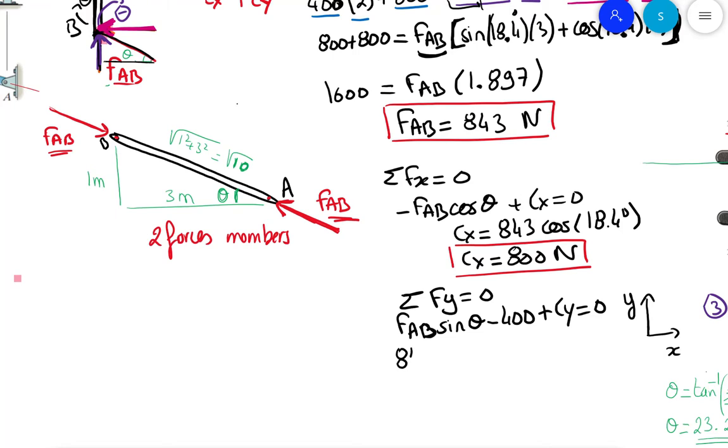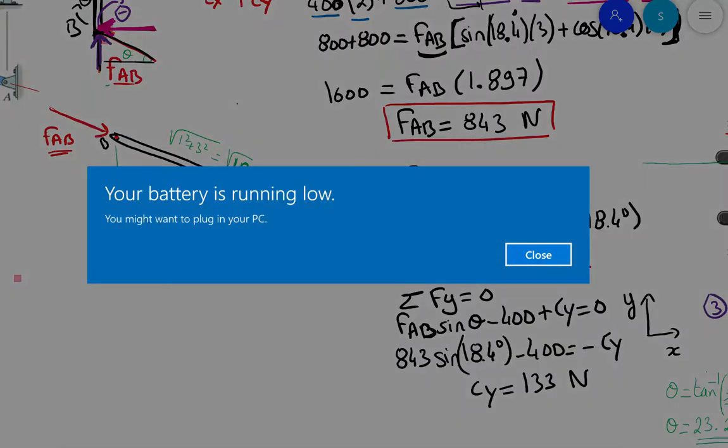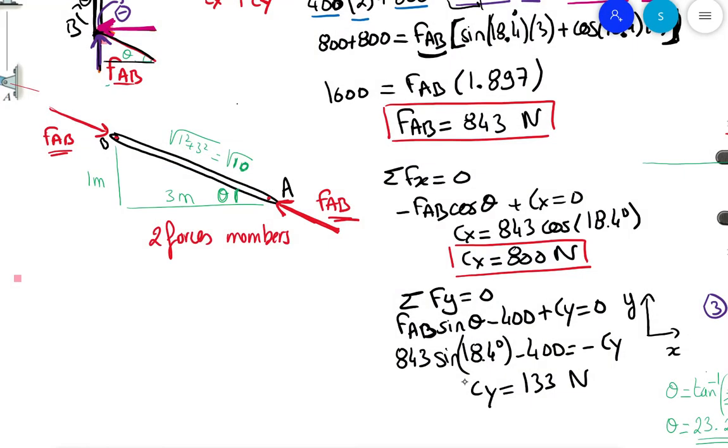So 843 sine 18.4 minus the 400 is equal to minus Cy. So the 843 sine 18.4 minus 400 is minus 133, so Cy is equal to plus 133 Newton, because we have a minus there.